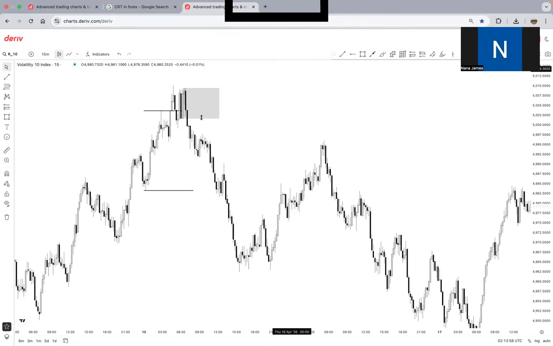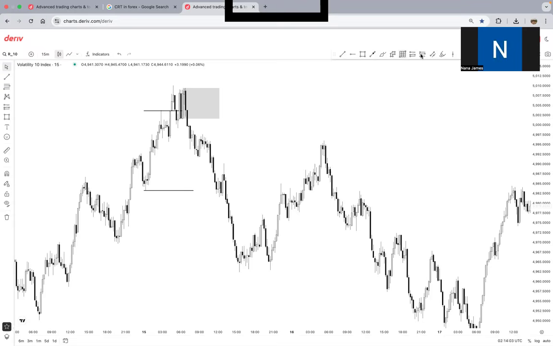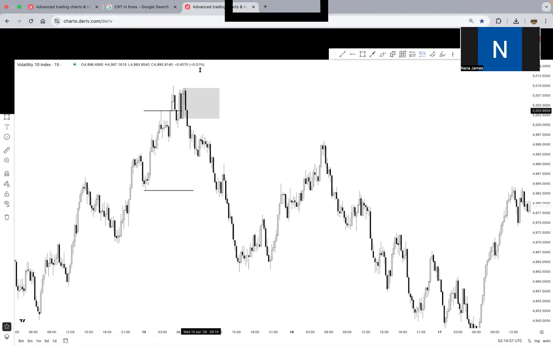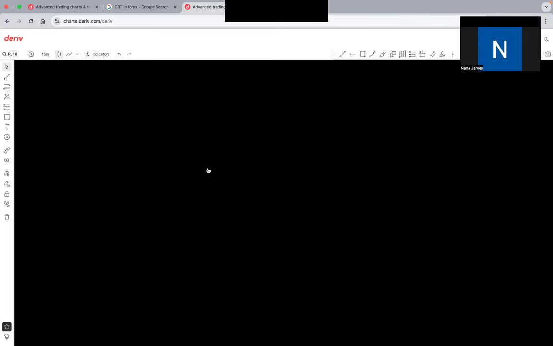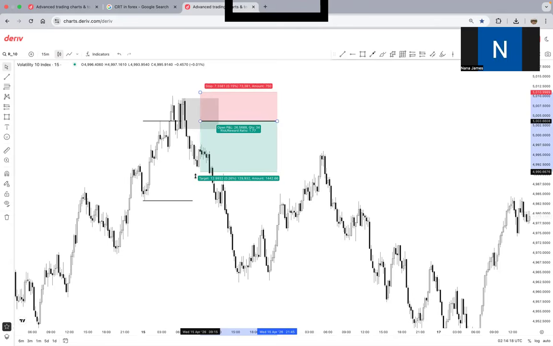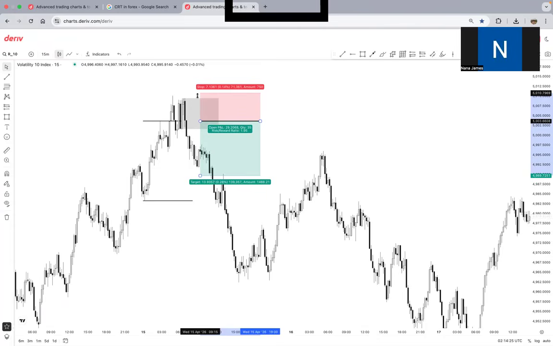So if we had gotten an entry here in this zone, we would have taken our entry here, our stop loss a little above that, and we were going to go forward 50% of the range, which gives us something like 1:2 or something. 1:2.